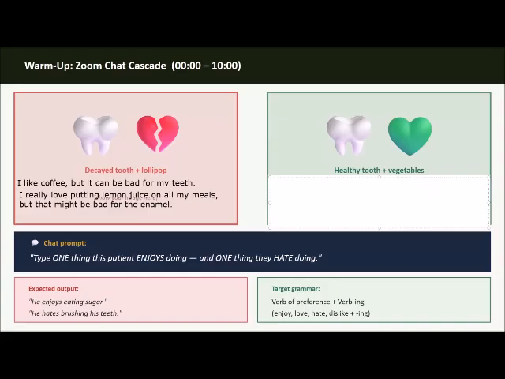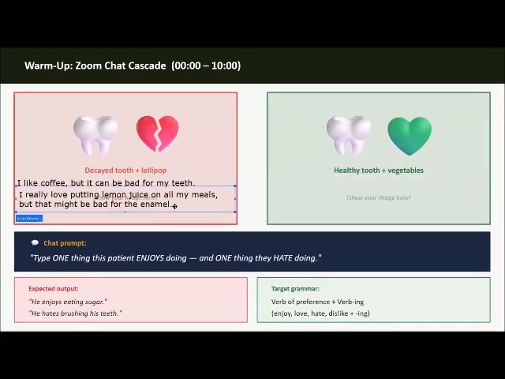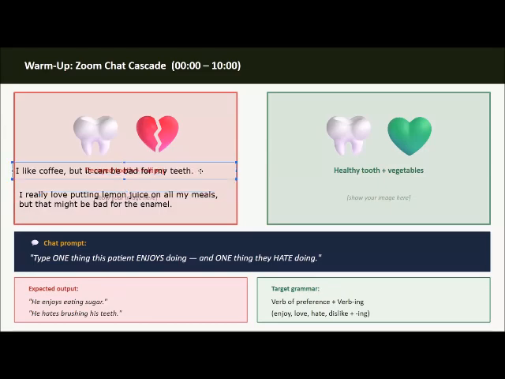If you want to see examples, let me grab these as well. All right, we got that one, and this one doesn't want to be copied.